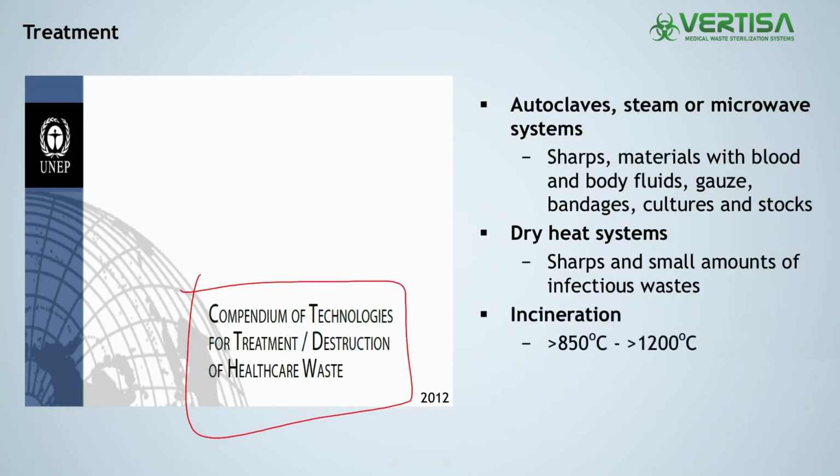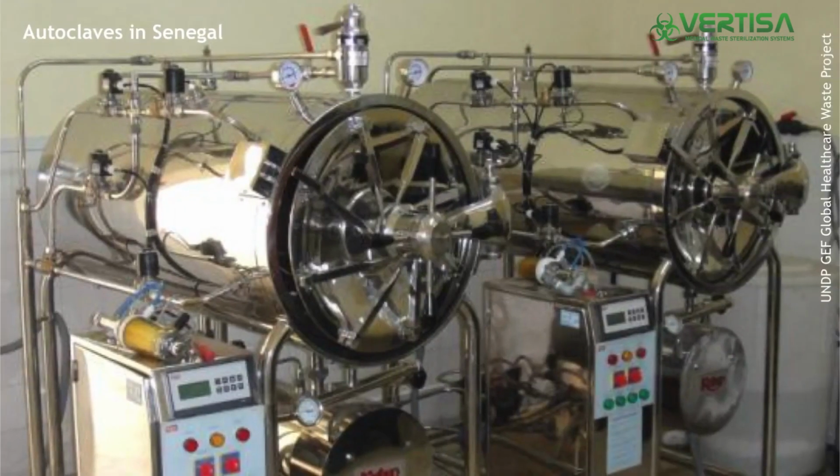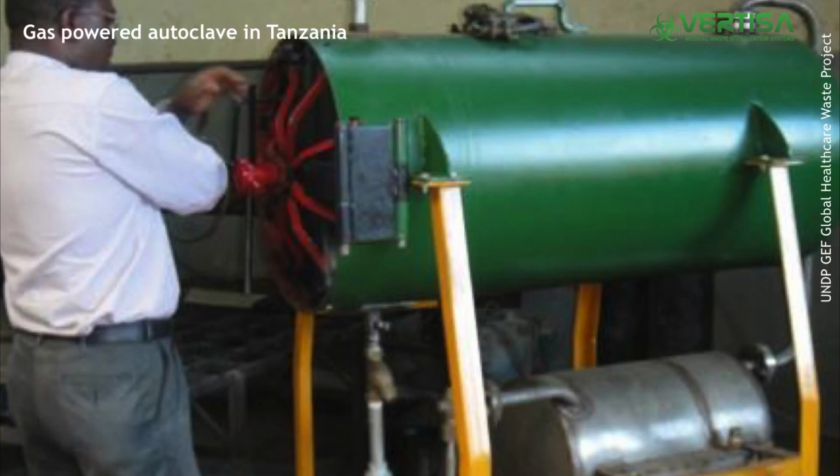Then finally, there is of course also incineration, there is chemical treatment, or options for special landfilling and disposal. Here is an example of an autoclave system in Senegal. Or here another example from Tanzania. In this case, this shows a gas-powered autoclave.